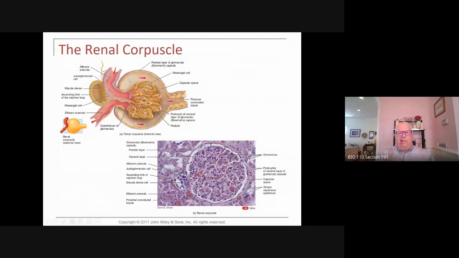Here is the corpuscle. Here are the podocytes. You can kind of see that they're outpouching, finger-like projections. They're actually pores that filter the blood to become urine. It takes the bad things out and keeps the good things in. And that's what's important about the renal corpuscle.